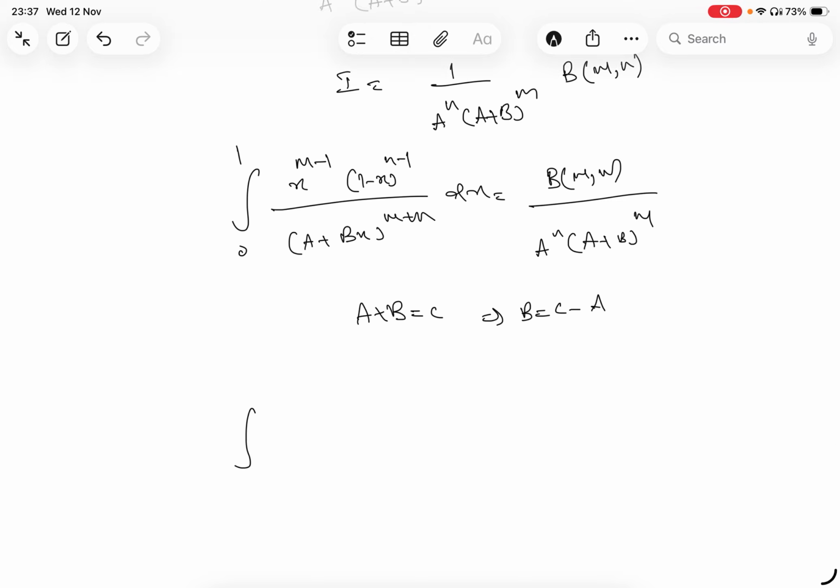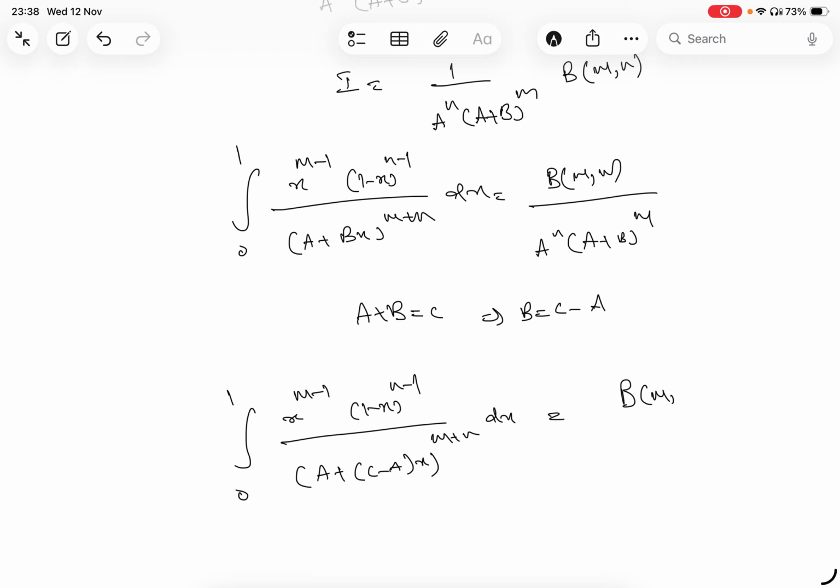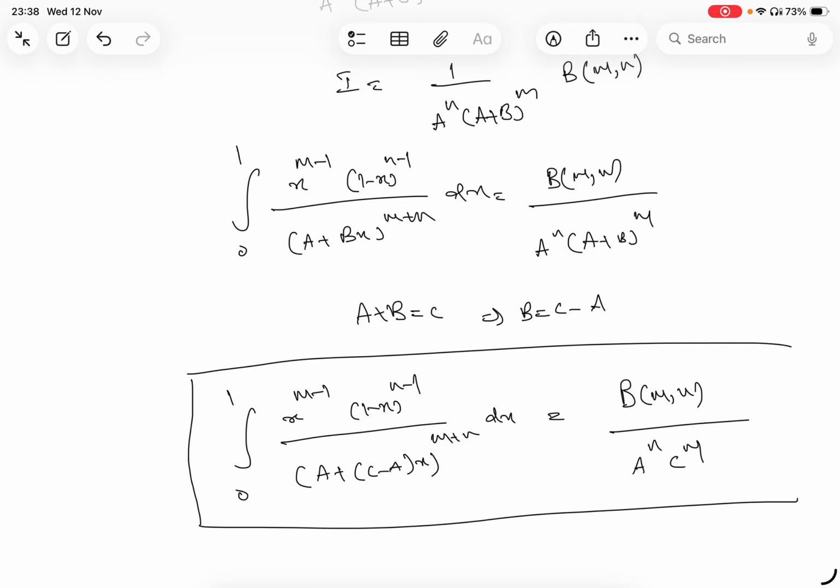Then this can be written as integral 0 to 1 x power m minus 1 into 1 minus x whole power n minus 1 by a plus c minus a into x whole power m plus n dx is beta function of m comma n by a power n into c power m, right? This is the result.